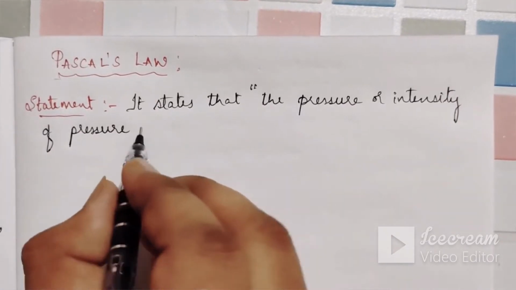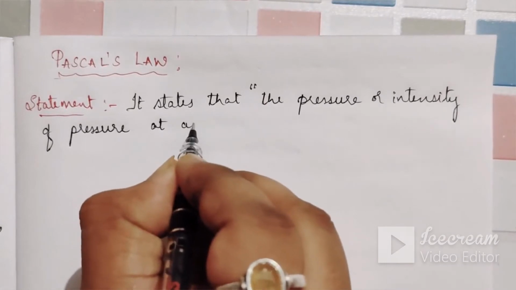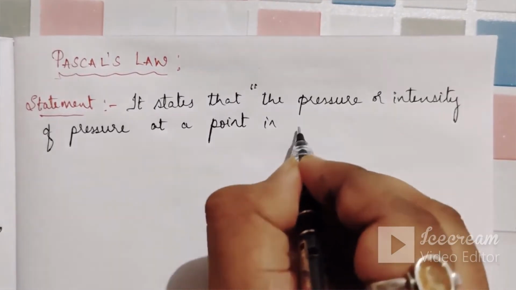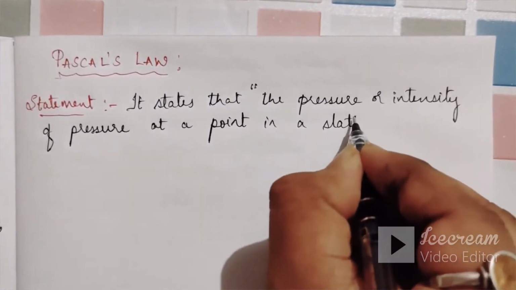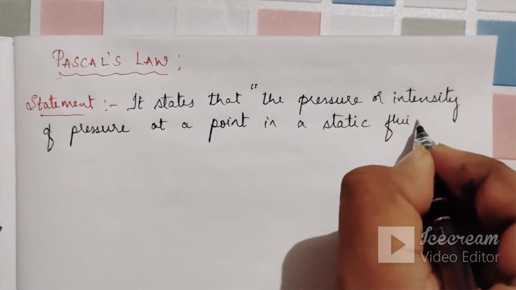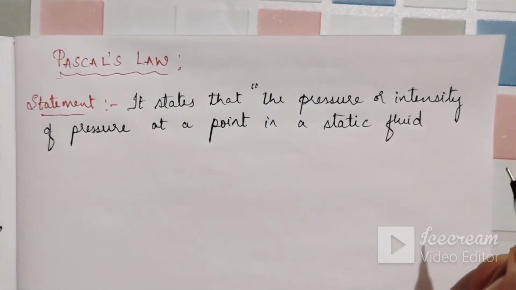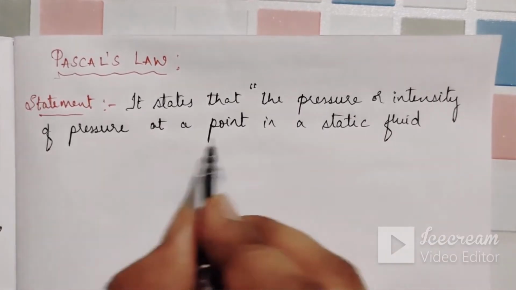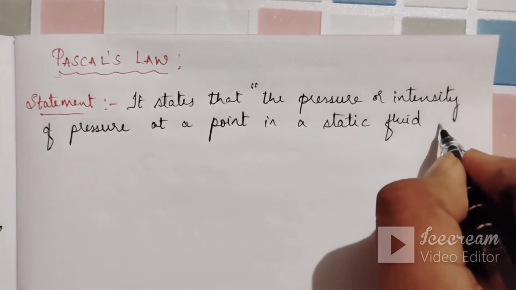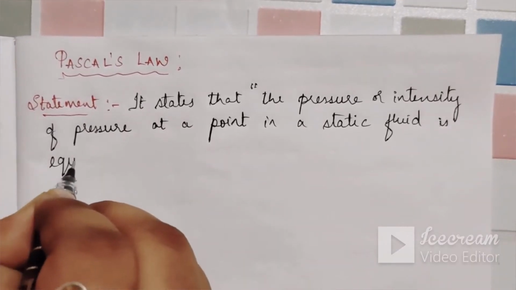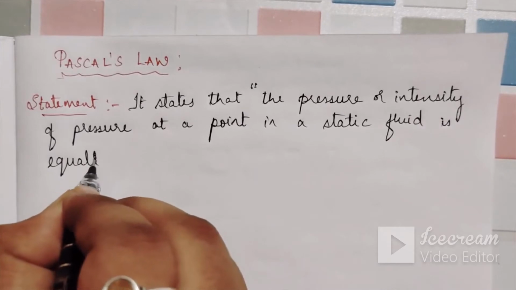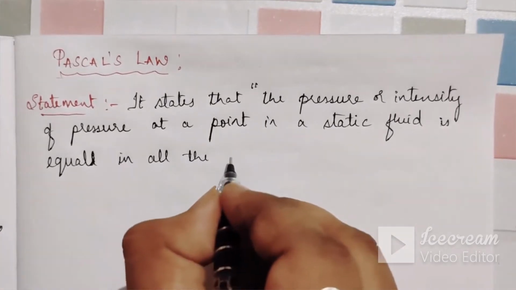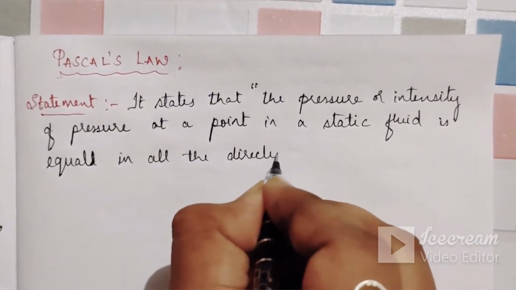The pressure or intensity of pressure at a point in a static fluid, that is, a fluid that is stationary and in static equilibrium, not flowing, is equal in all directions.